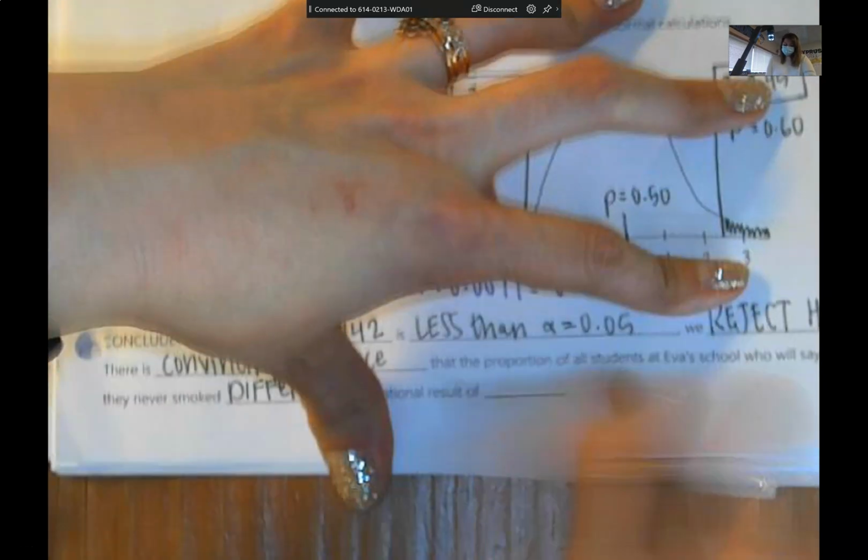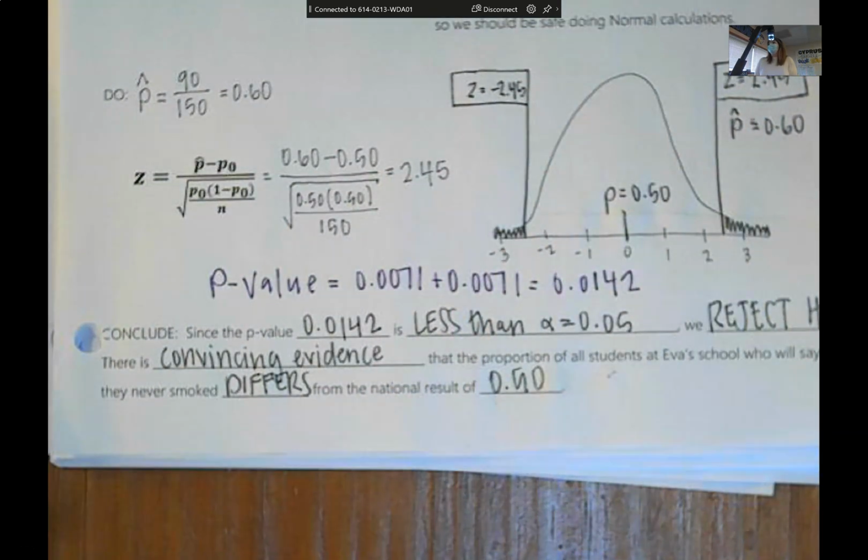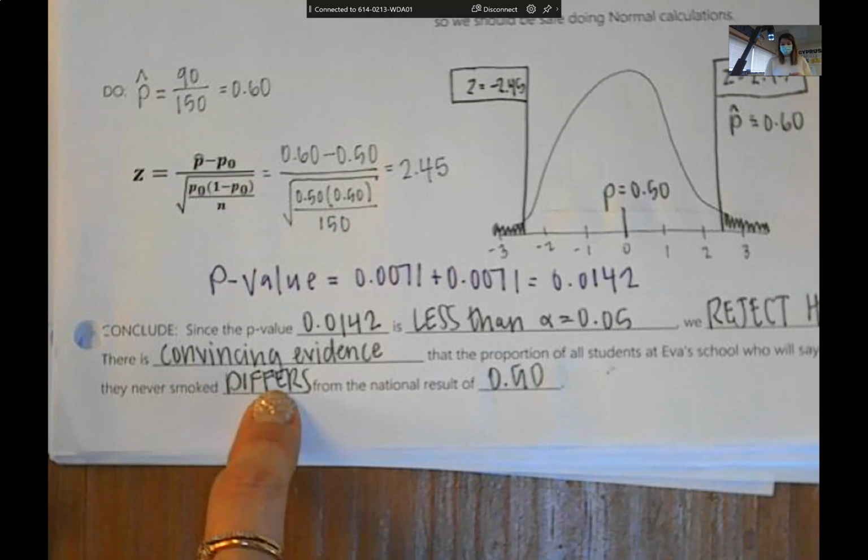So we don't have evidence that it's more. We don't have evidence that it's less. We just have evidence that it differs.